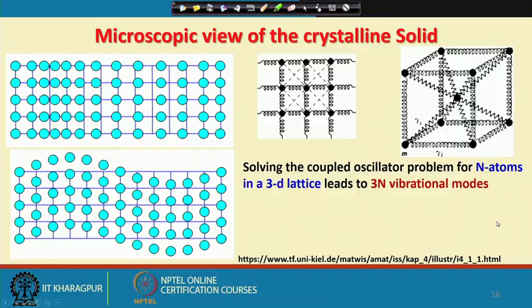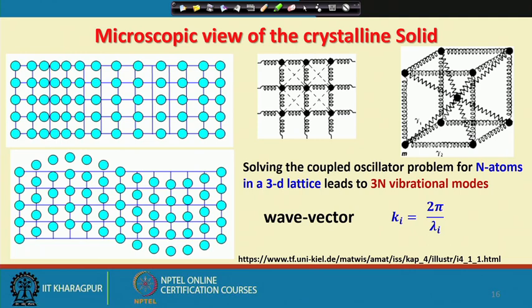I am not going to show you the solution, but rather tell you qualitatively that when you solve this coupled oscillator problem for n atoms in a 3-dimensional lattice, we get 3n vibrational modes. Each of these vibrational modes behaves as if it is a simple harmonic oscillator, and is associated with a wave vector, and each wave vector of these 3n vibrational modes has a characteristic wavelength.